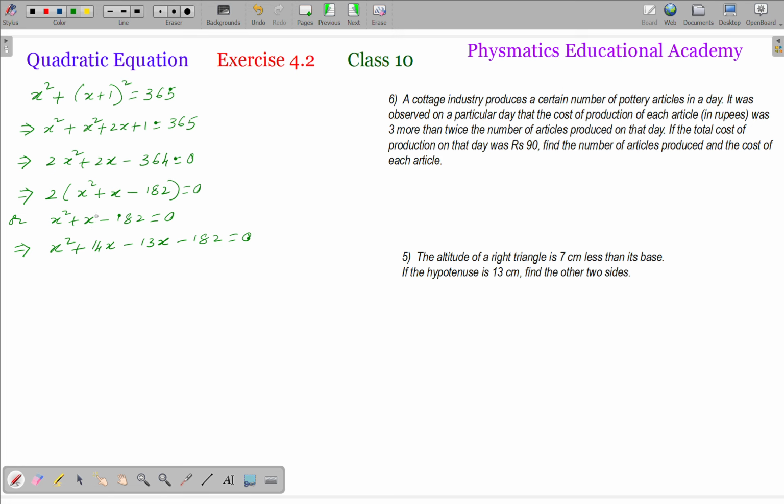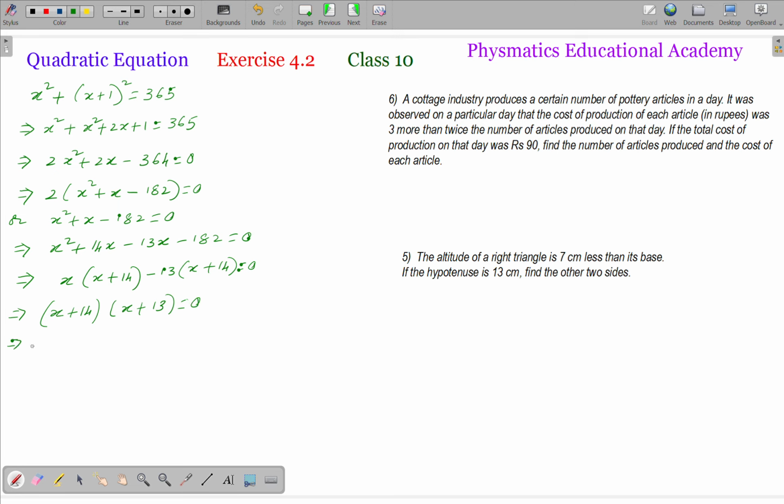That is the middle term splitting method. That implies x, we take it common, x plus 14, then 13 common, x plus 14 is equal to 0. That is x plus 14 times x minus 13 is equal to 0.